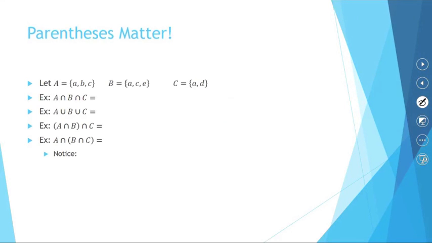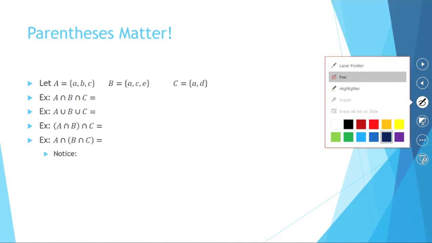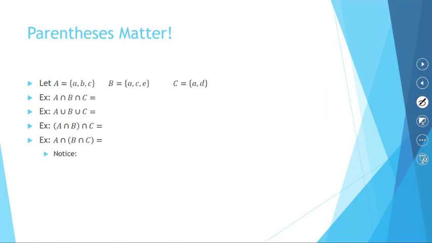The parentheses matter. There is a typo on this. I realized when I was going over it in class that these should be U's for unions, not just intersections. So without any parentheses, intersection of A, B, and C means I'm looking for any elements that all three sets have in common. All three sets have an A in common.